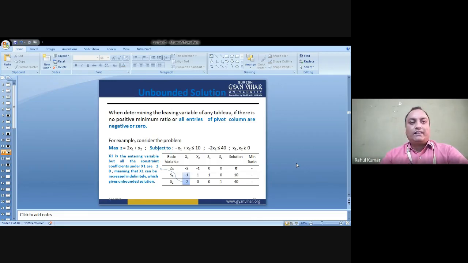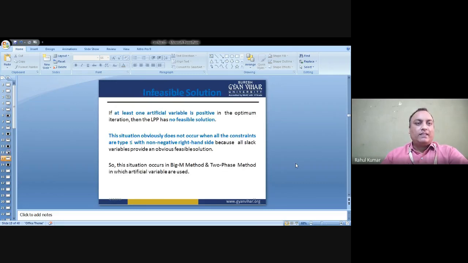So this is the case of unbounded solution. And then move to the next and last case. This is the infeasible solution.